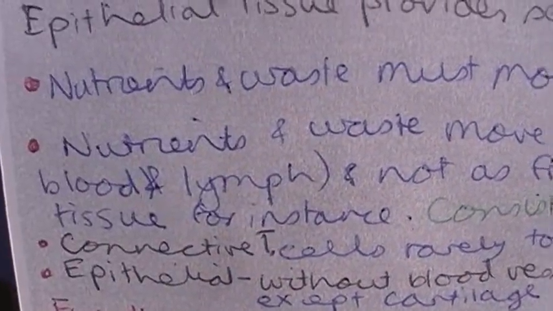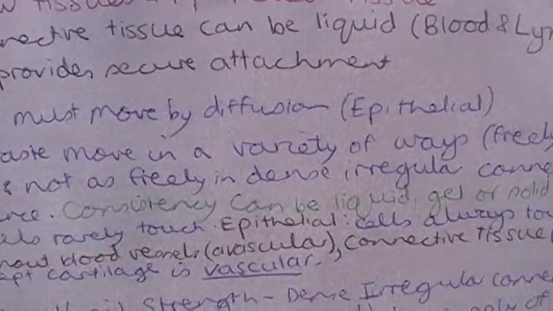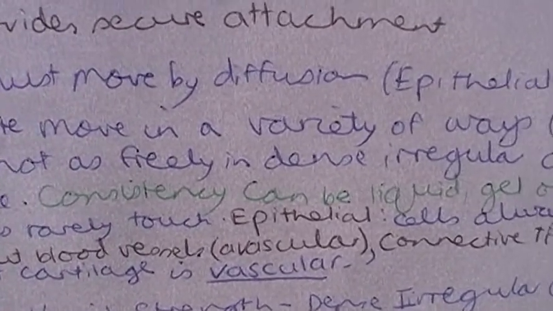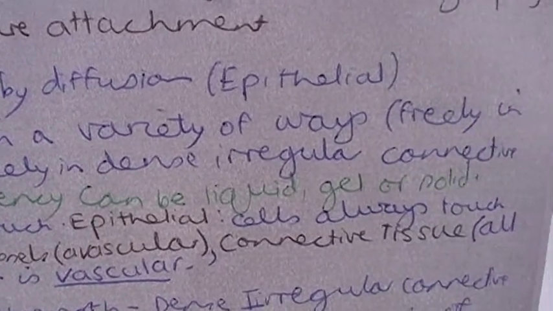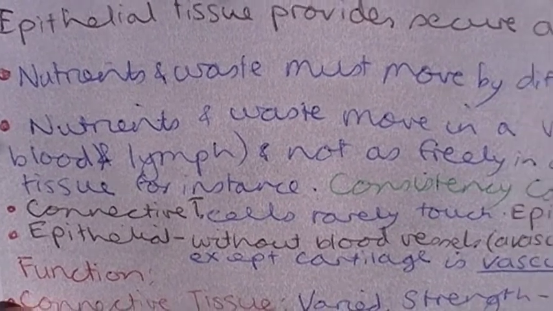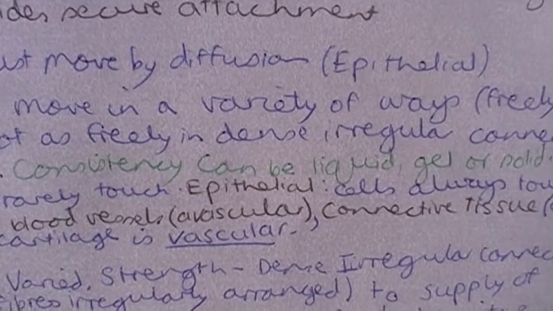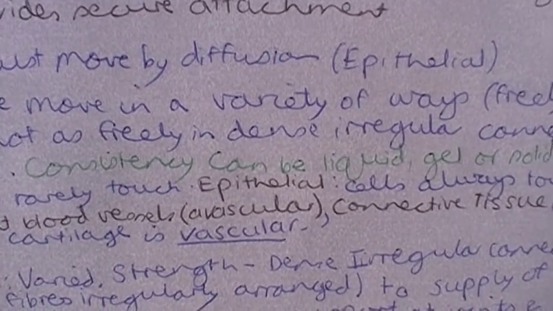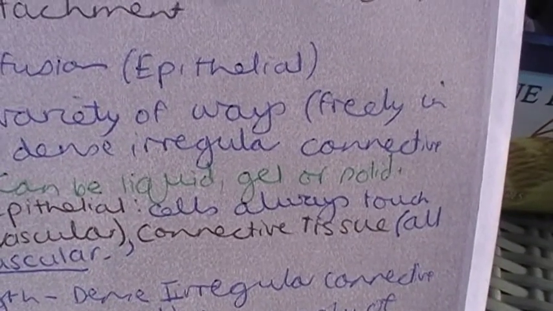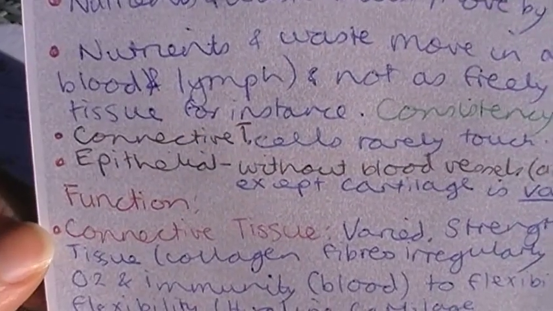In connective tissue, nutrients and waste move in blood and lymph, freely and in a variety of ways depending on their structure. For example, it's not as free in dense irregular tissue. What consistency can connective tissues be? Liquid, gel or solid, whereas epithelial is always solid.